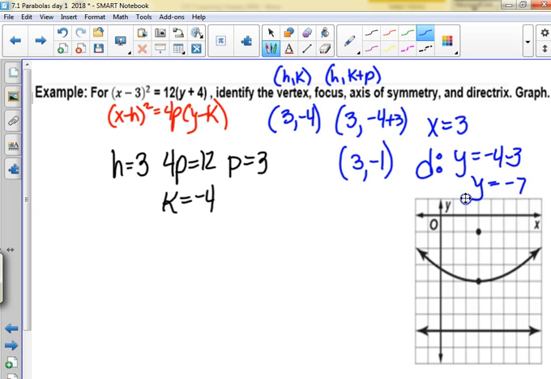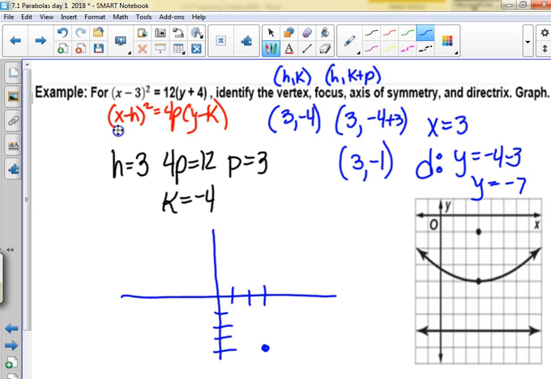I wouldn't have done any of that. I would have used the concept. I would have said, okay, the vertex is at H, K, 3, negative 4, down here. P is 3. The X is squared, so that means it opens up or down, because we're used to X squared parabolas.